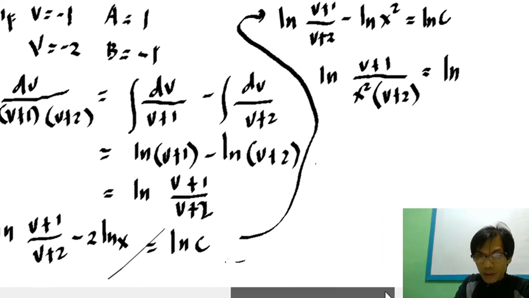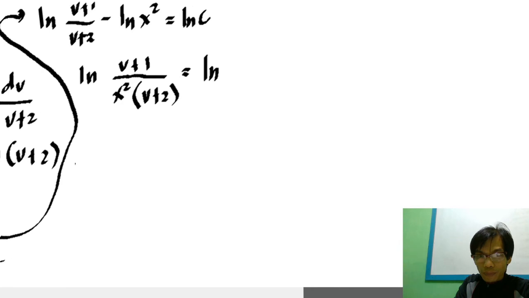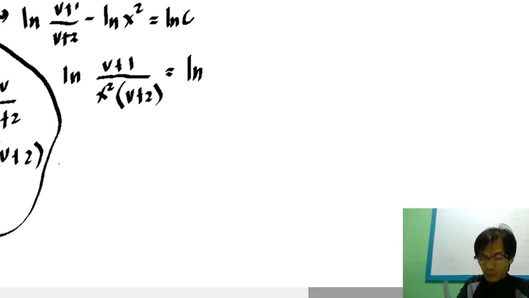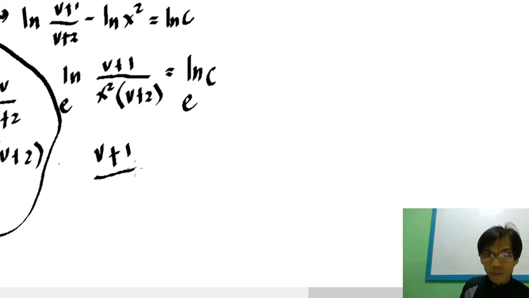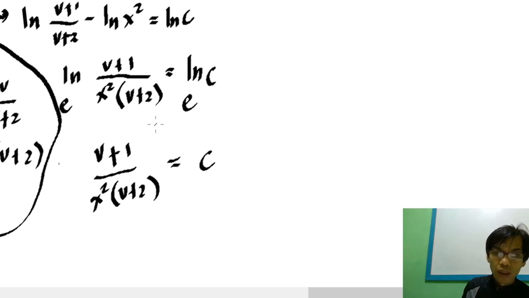So, to eliminate the logarithm, we have to put e in here, such that it will be (v plus 1) over x squared (v plus 2) is equal to c.